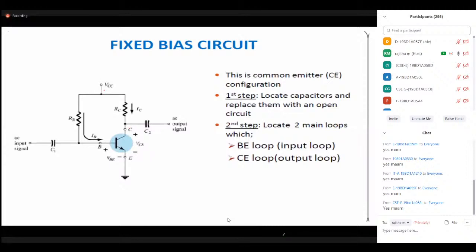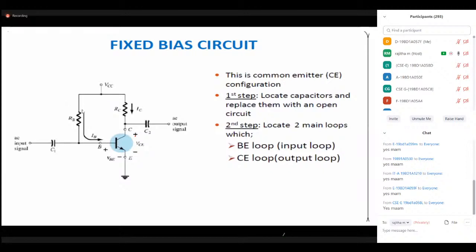So we connected a positive voltage to the N-type material, which leads to the reverse bias of the output junction. Hence the transistor in common emitter configuration operates in the linear or active region. So in this fixed bias, we connected RB.